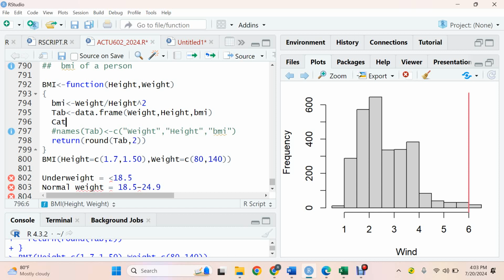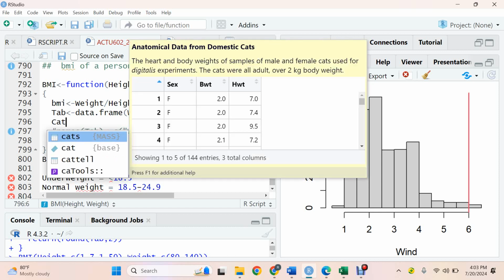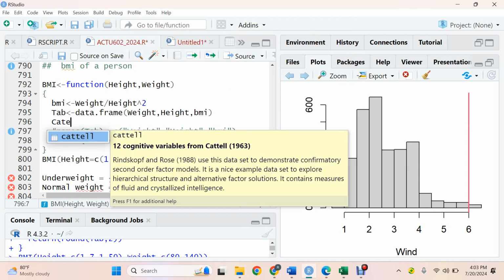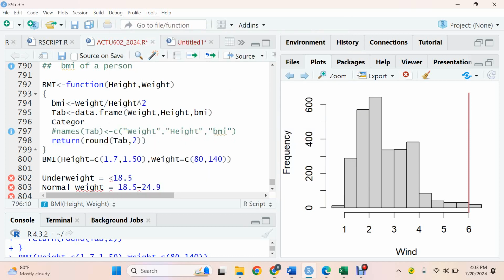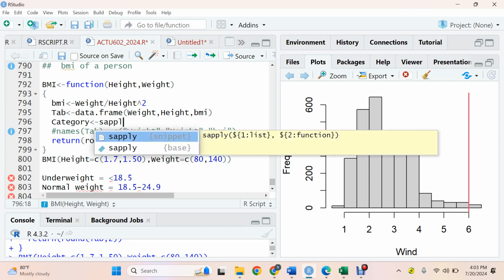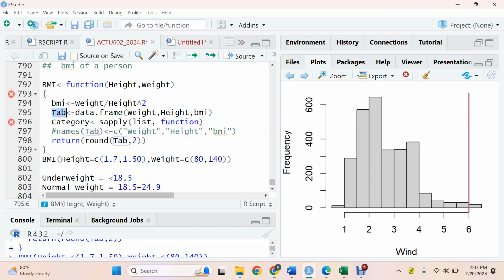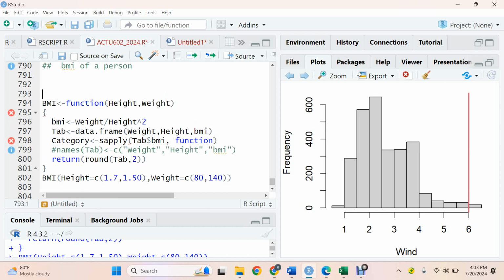Let's say I call it category. So the category will now be the if-else. You take this tab, and I can then get the BMI. Because it's a data frame, I take this. No, I need to write this outside, otherwise it will be complicated.